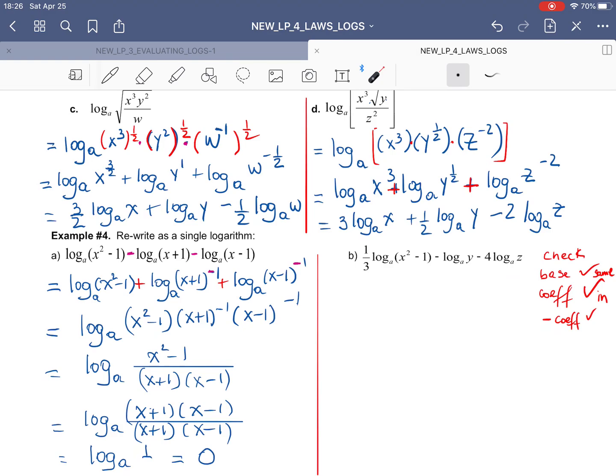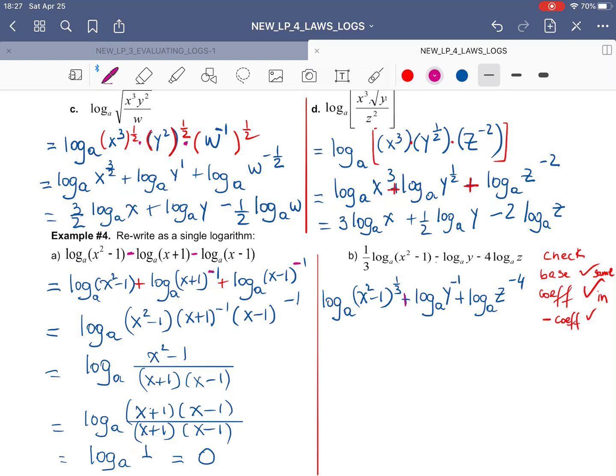All bases are a. So coefficients, they must be brought in. So we're going to write log with base a of x squared minus 1 to the power of 1/3. And then negative, change to positive, log with base a of y to the negative 1. And then plus log with base a of z to the negative 4.